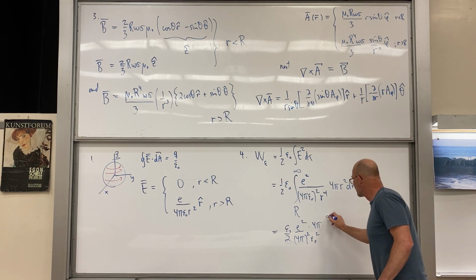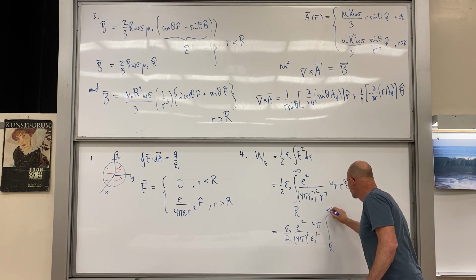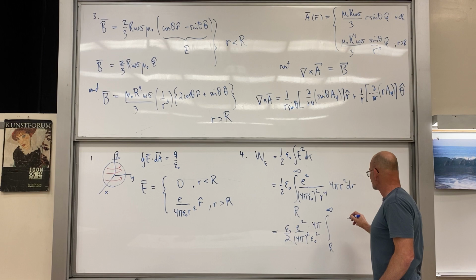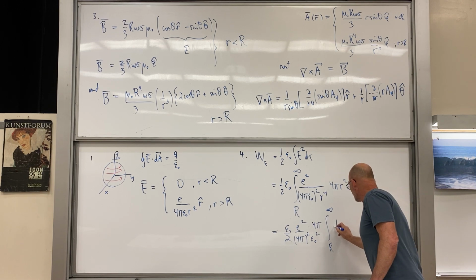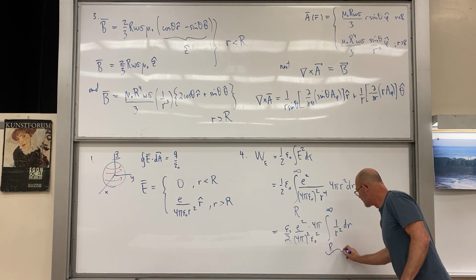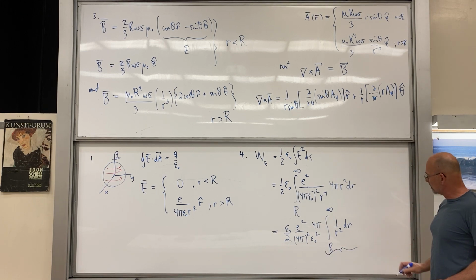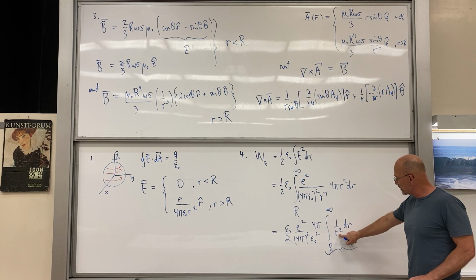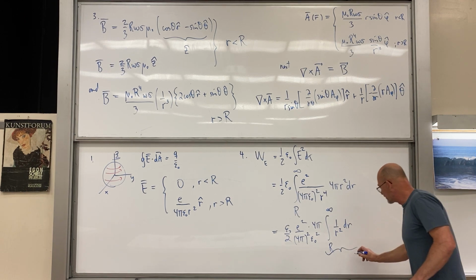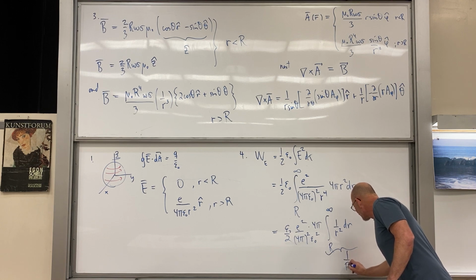So what we're left with, r to infinity, 1 over r squared dr. And this integral will be minus 1 over r. And it's the lower boundary, so that just gives us 1 divided by r.